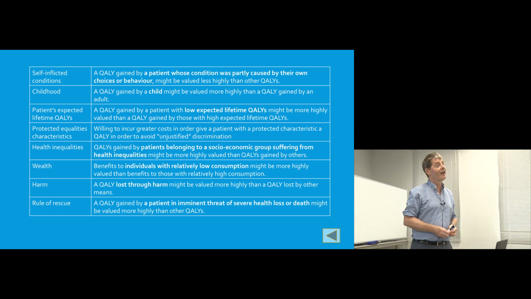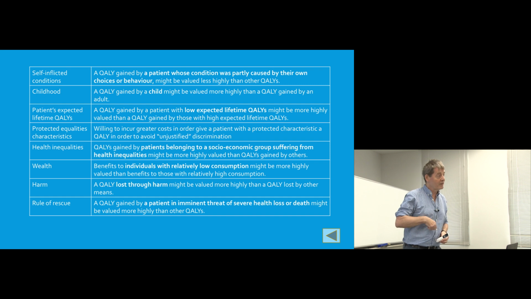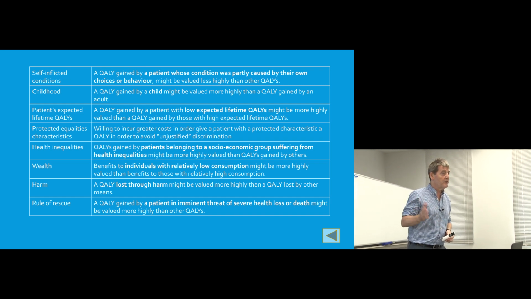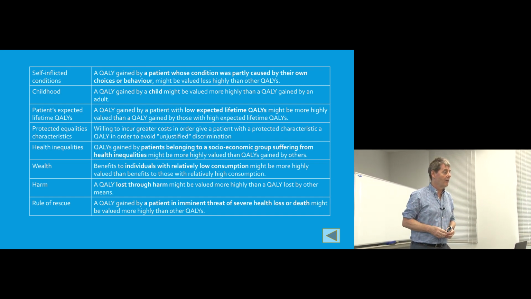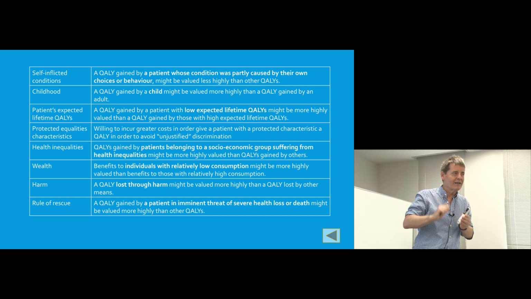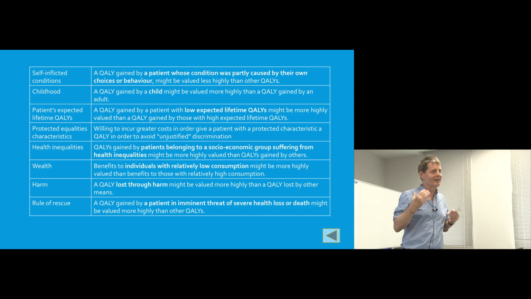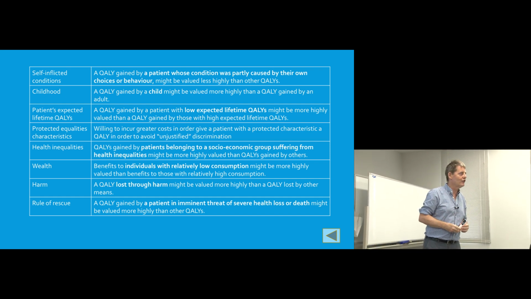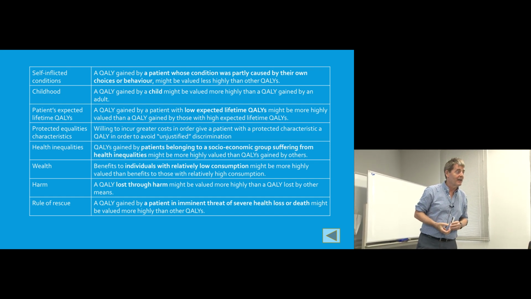The argument is that the benefits of surgery to the obese patient are less. So it's not a case of weighting the QALYs; it's an argument that the effectiveness of the intervention is different depending on the obesity of the patient.